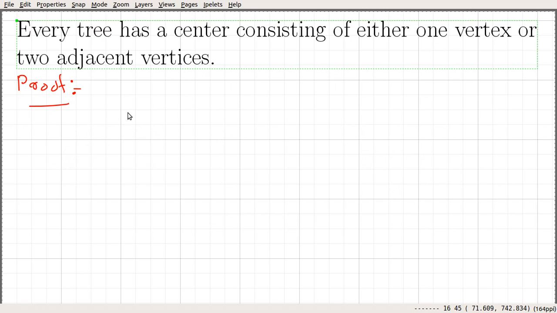For K1, a complete graph on one vertex, we have a situation something like this. Here this is going to be the center, so the result is true.